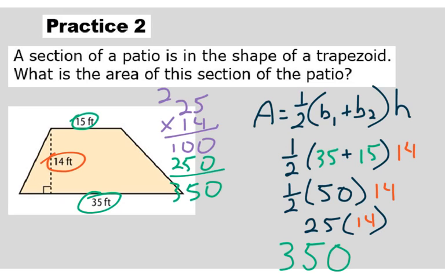And because in our diagram the measurements are in feet, it's going to be 350 square feet is going to be the area. Okay, and that is a look at finding area of parallelograms and trapezoids.